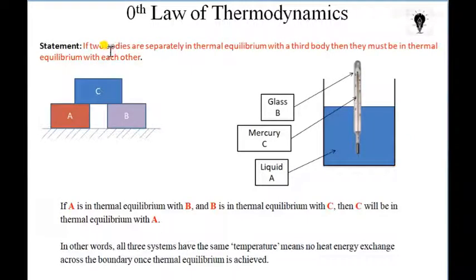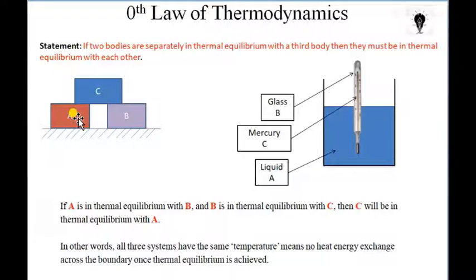What does it say? In terms of explanation, we can say if A is in thermal equilibrium with B, and B is in thermal equilibrium with C, then C will be in thermal equilibrium with A.